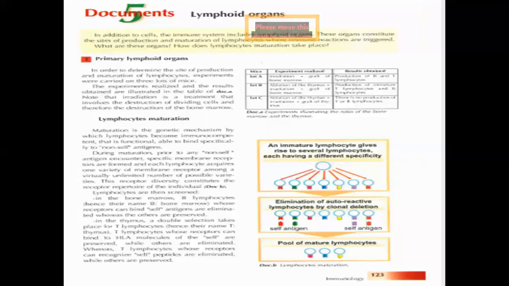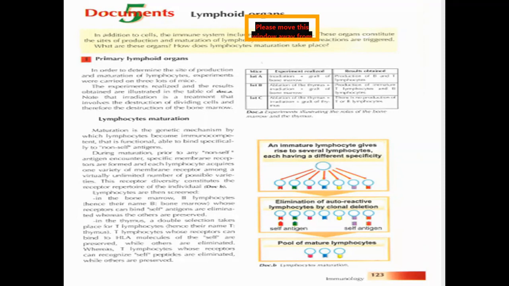However, in lot C, we did ablation of the thymus plus irradiation plus grafting of the thymus. So we removed the thymus, then we did irradiation by X-ray, so we destroyed the bone marrow. Then we grafted the thymus. So we have only thymus. We don't have bone marrow.